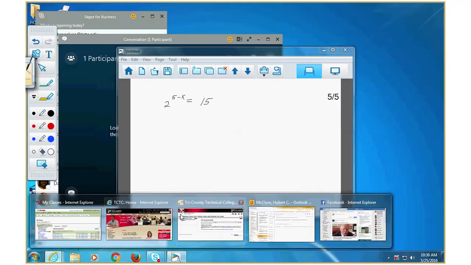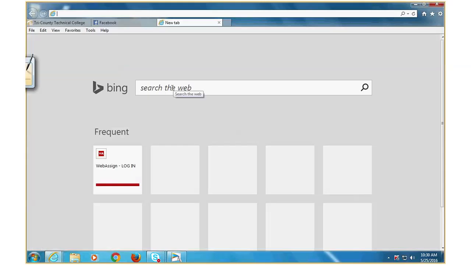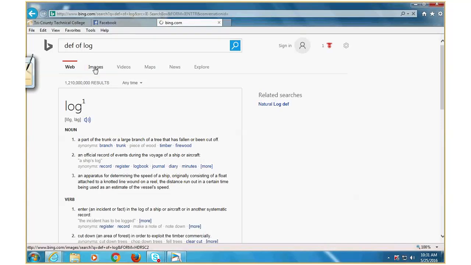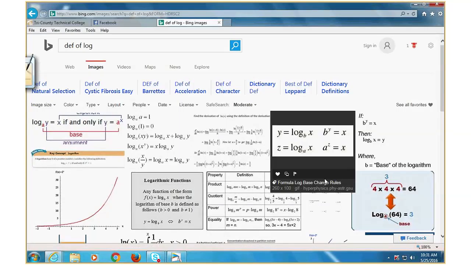But this one you do by the definition of a logarithm. I don't like that one because that's confusing.